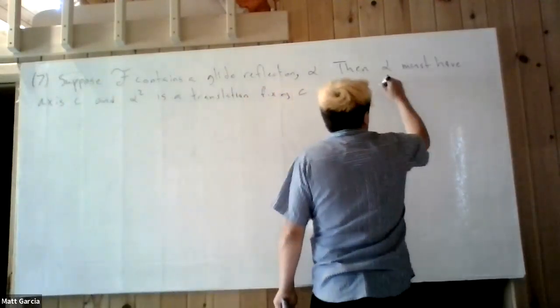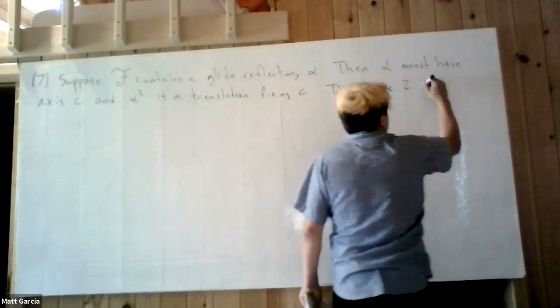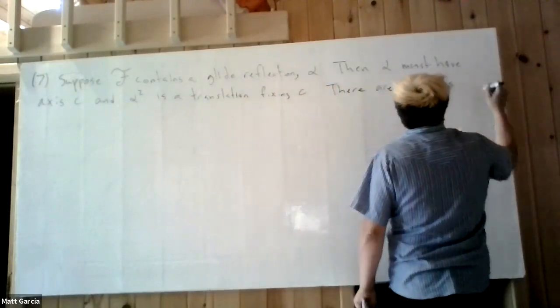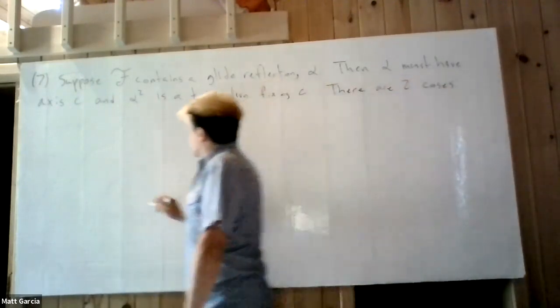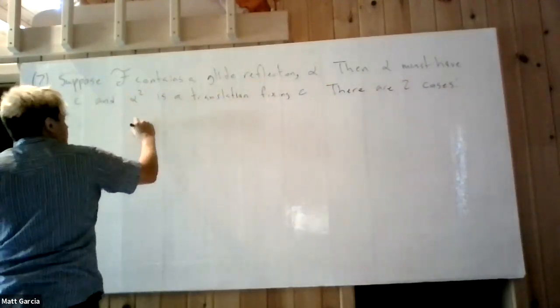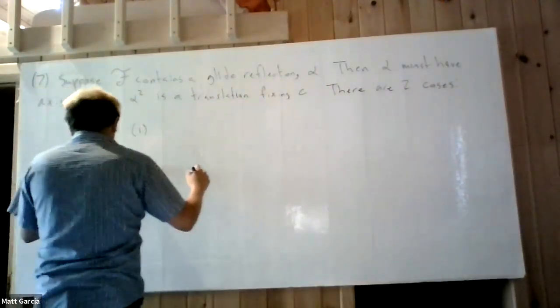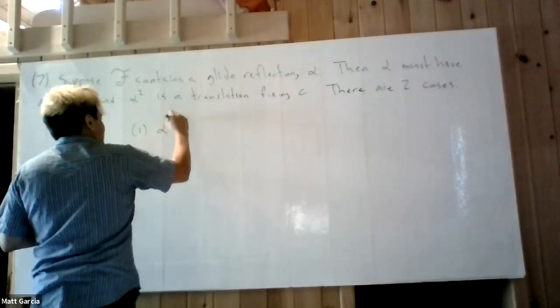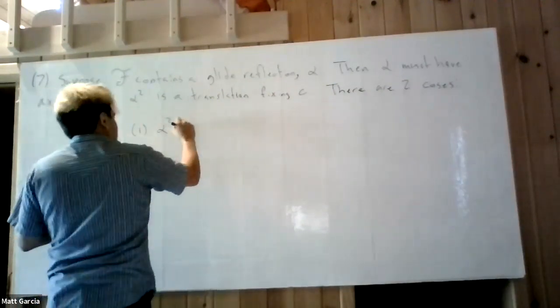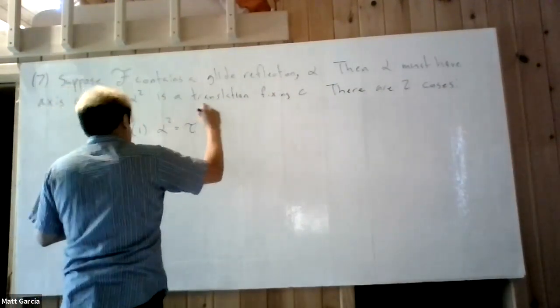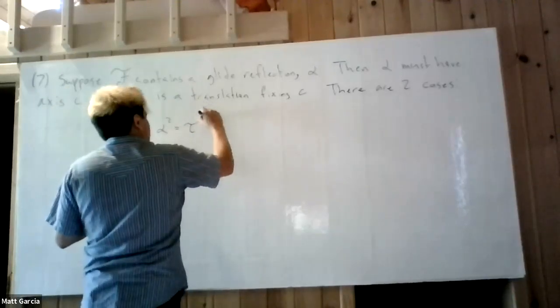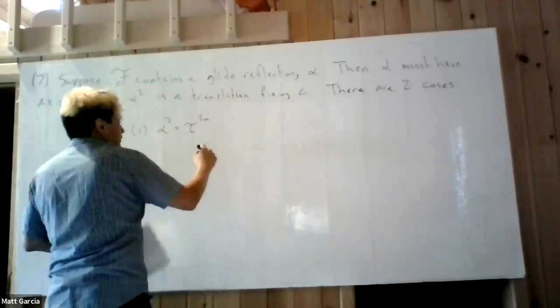From this point, there are 2 cases. First case is that alpha squared is equal to tau to the 2n for some n.